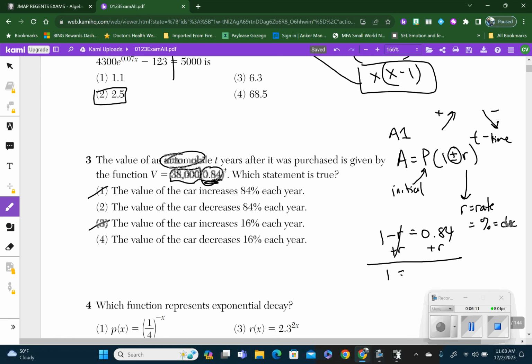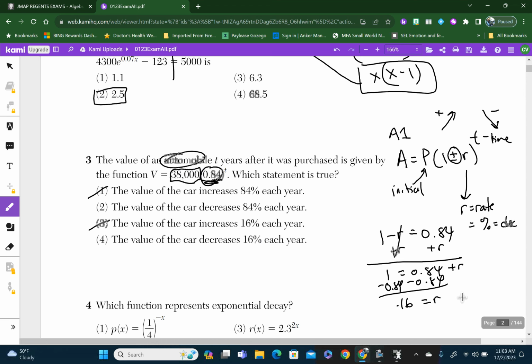So 1 is equal to 0.84 plus R, minus 0.84. A dollar minus 84 cents is 16 cents, and that is the rate. So the car decreases 16% each year, because 0.16 as a decimal becomes a percent by moving the decimal 2 places to the right, or multiplying by 100. So that is 16%.